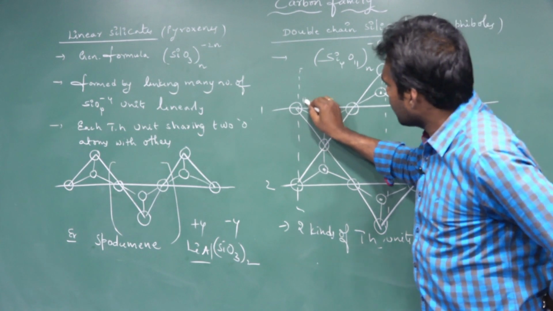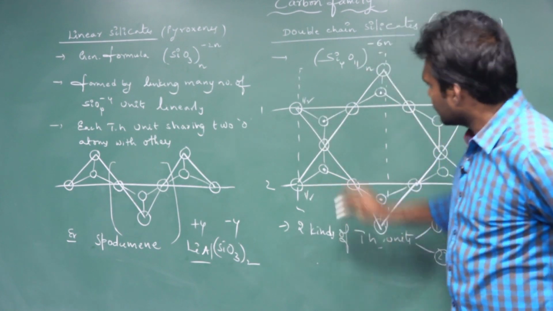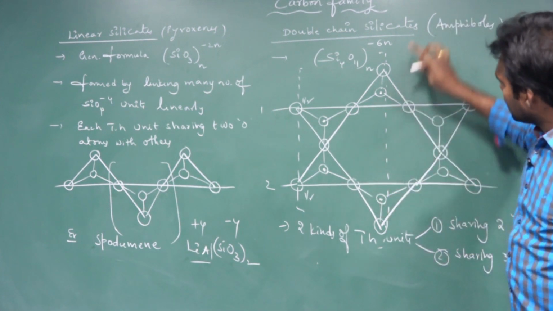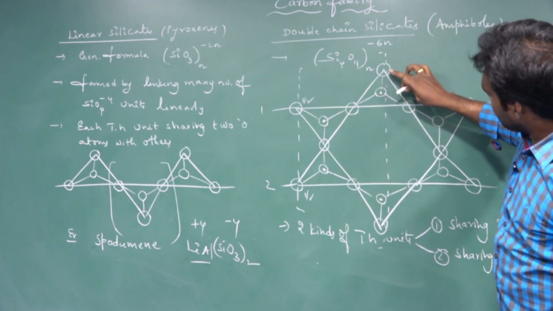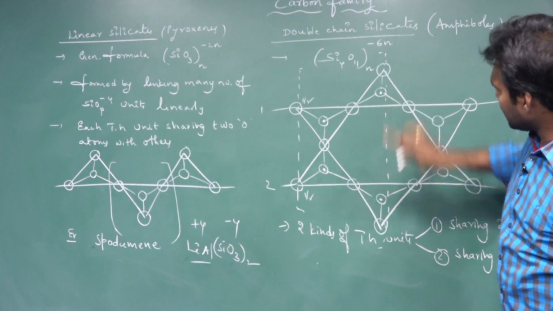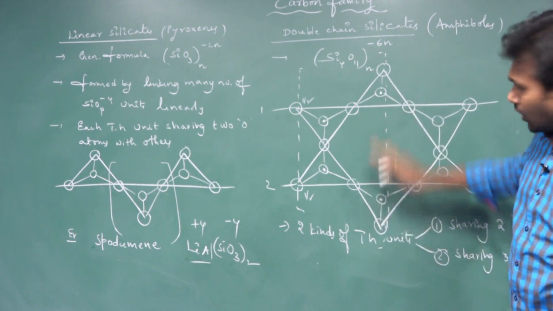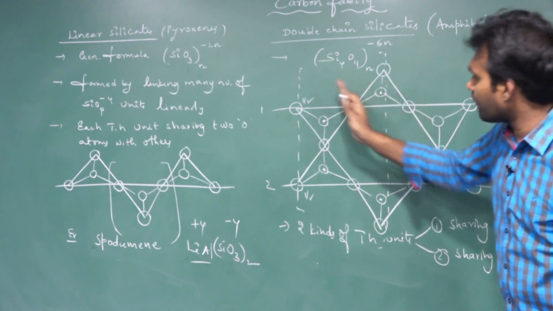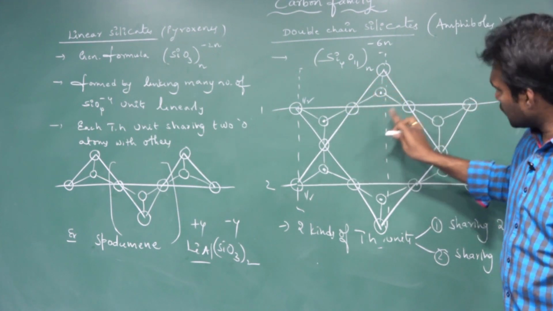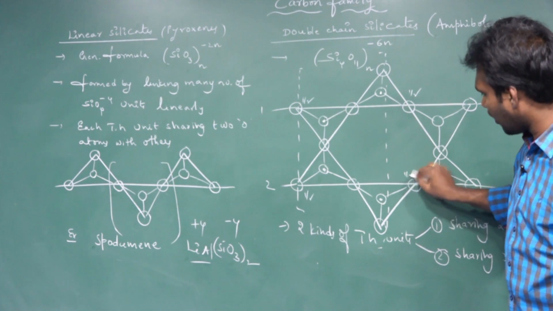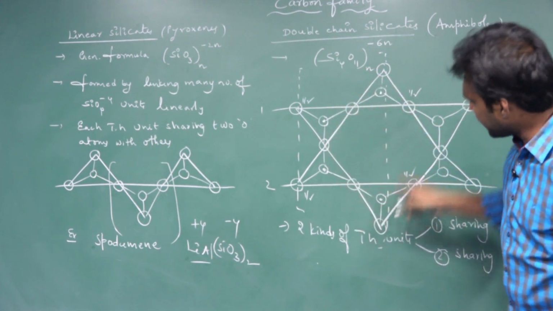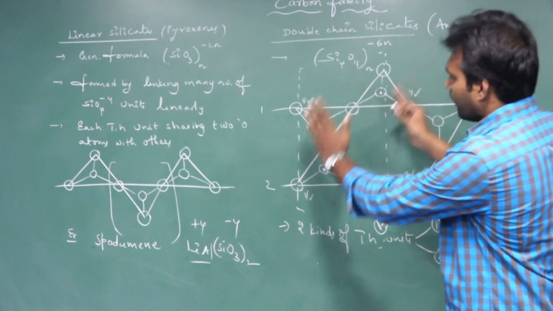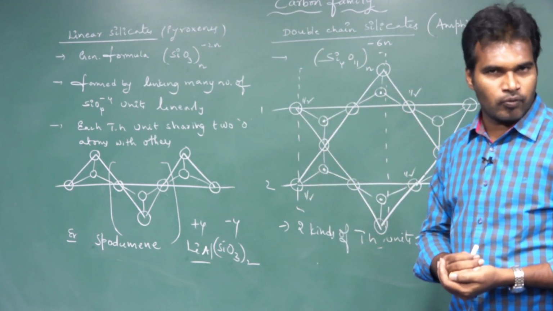Here half, 1, 2, 3, 4, 5, 6, 7, 8, 9, 10. Up to here complete. Next these oxygens are half part is sharing by this. So here half and here half. Total up to here 10 and this is 1. Total 11 oxygens belong to one monomeric unit.